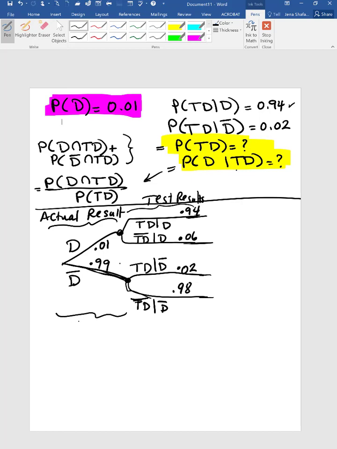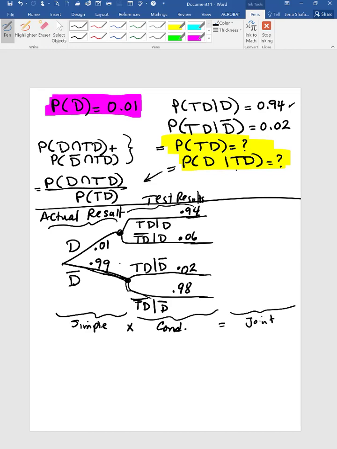Okay, so notice that these are simple probabilities or marginal probabilities, and these are conditional probabilities. And if I multiply the simple by its associated conditional, the answers are joint probabilities.